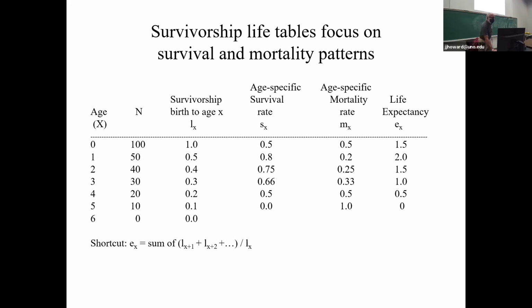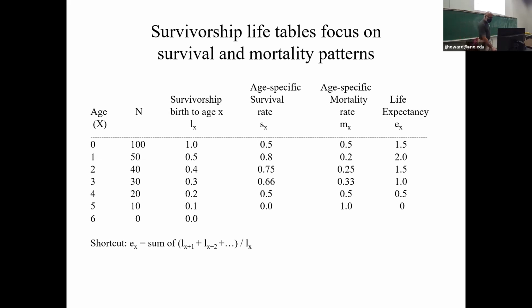Now, we have gone through this process of doing this calculation, and ecologists don't do that. We look for a shortcut, and by God, there's a shortcut. Life expectancy is always the sum of the LX column from x plus 1 to infinity divided by LX.